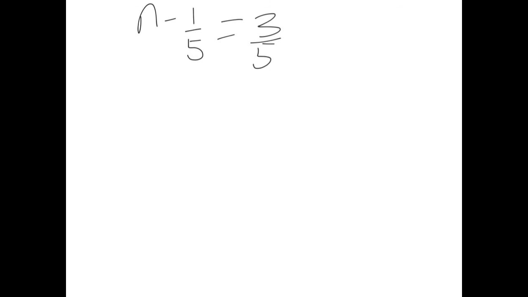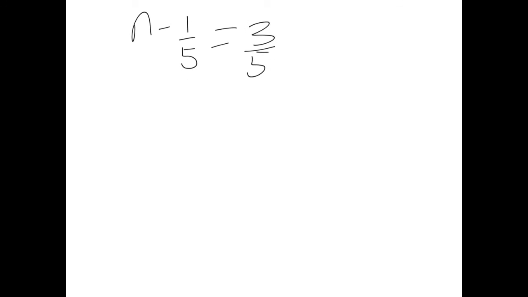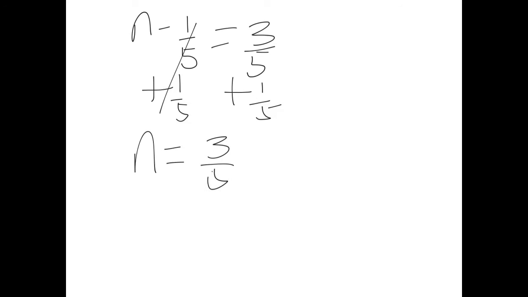This is addition for solving equations containing fractions. So you would add 1/5, and then you would add 1/5 on both sides. So then that would be n equals 3/5 plus 1/5, which equals 4/5. So n equals 4/5.